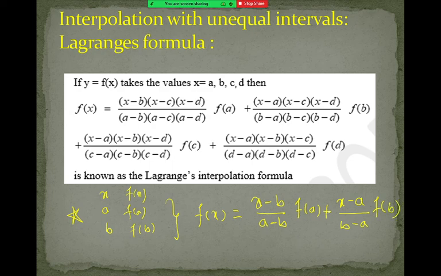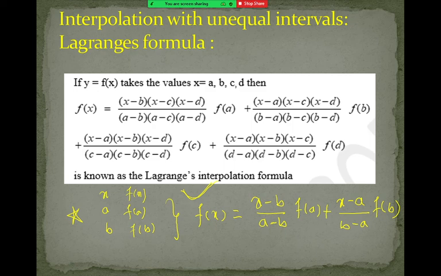If you simplify this, it becomes the equation of a straight line. Because x terms are there, you have to simplify that, collect x terms together, and you'll get the y equal to mx plus c form also. So this way you can get the equation of the curve which fits the data by Lagrange's.